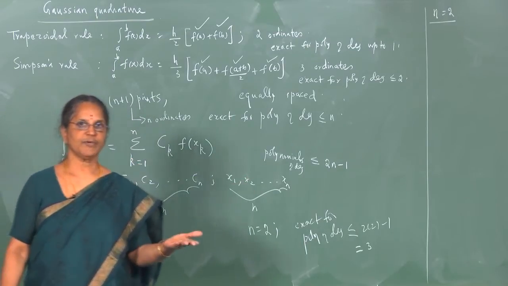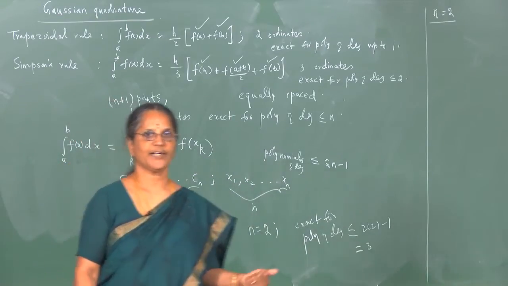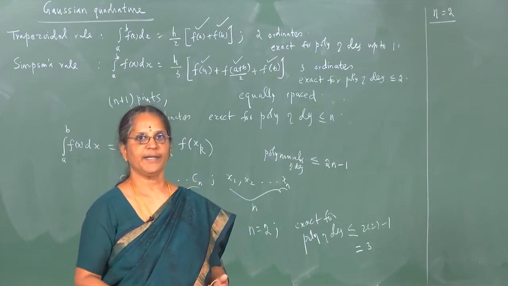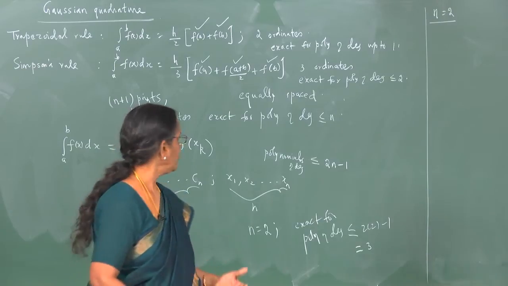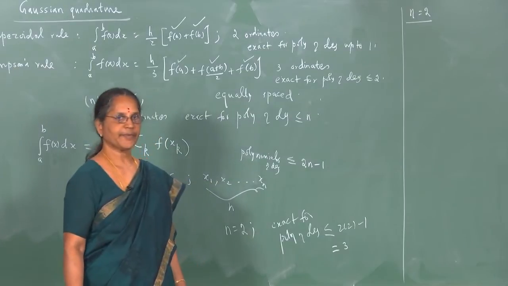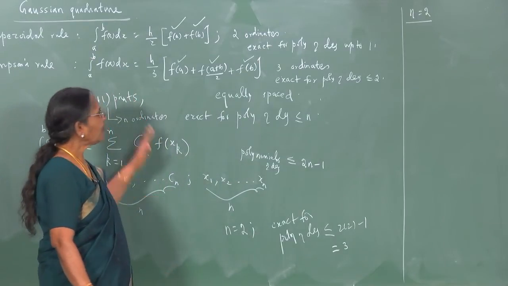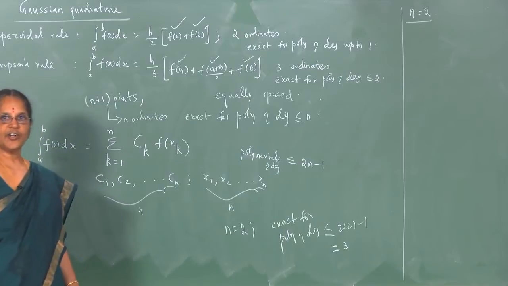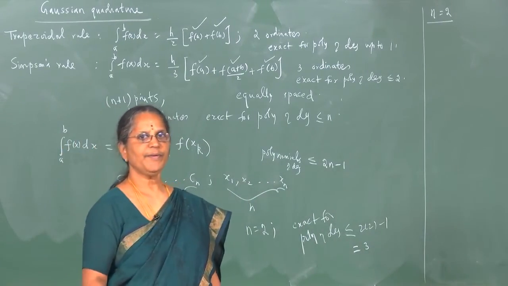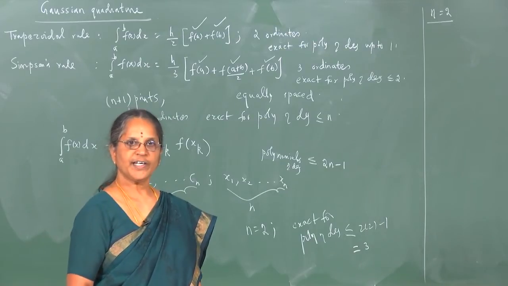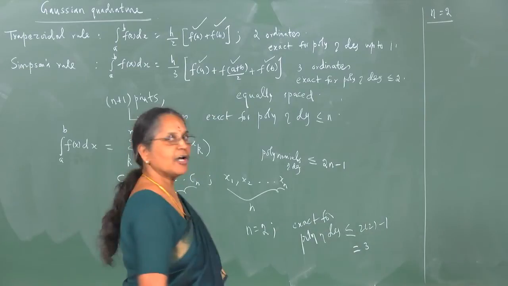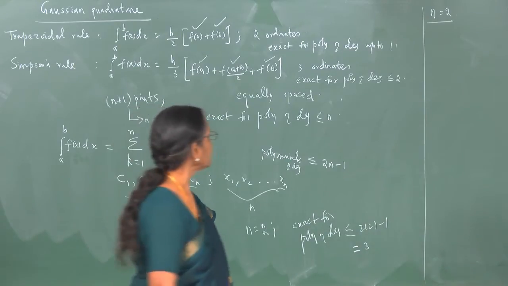You do not know c1, c2, you also do not know x1, x2, but the method must be exact for polynomials of degree less than or equal to 2 into 2 minus 1, namely less than or equal to 3. So, this requires the knowledge of the properties of Legendre polynomials. So, we briefly present those results and use them in the derivation of Gaussian quadrature methods.